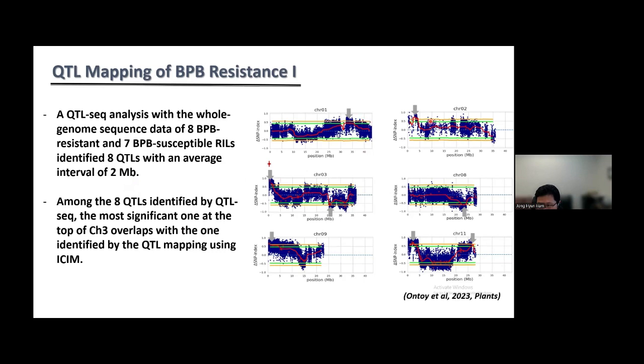Out of the 8 QTLs identified, the most significant one was also identified from the top of chromosome 3, indicating that the major QTL from the conventional mapping was also identified from the QTL-seq analysis using the selected recombinant inbred lines.